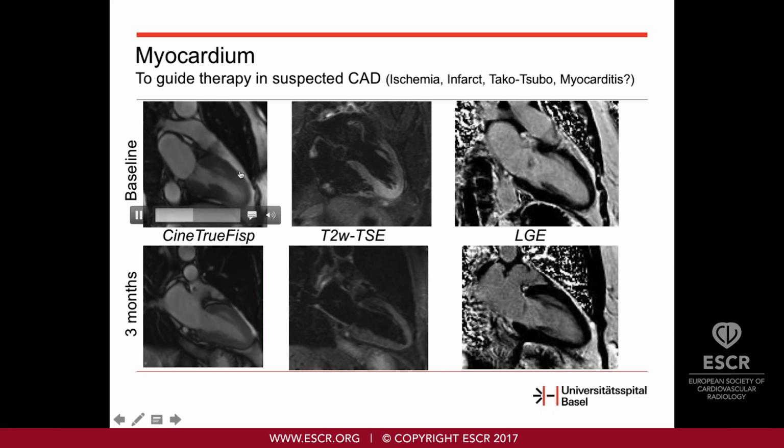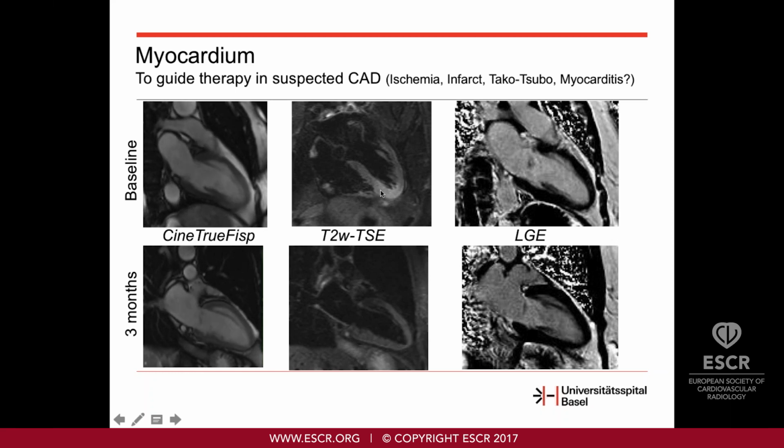And so we can make the diagnosis of Takotsubo cardiomyopathy, which has a very good prognosis. And it also is helpful to guide therapy because the therapy is to do no specific therapy. No specific therapy needed, so we can just follow up, and 3 months later, as anticipated, the function is normal.